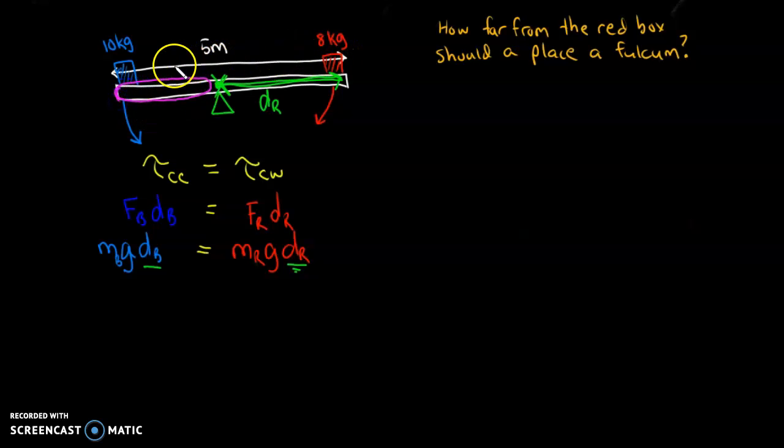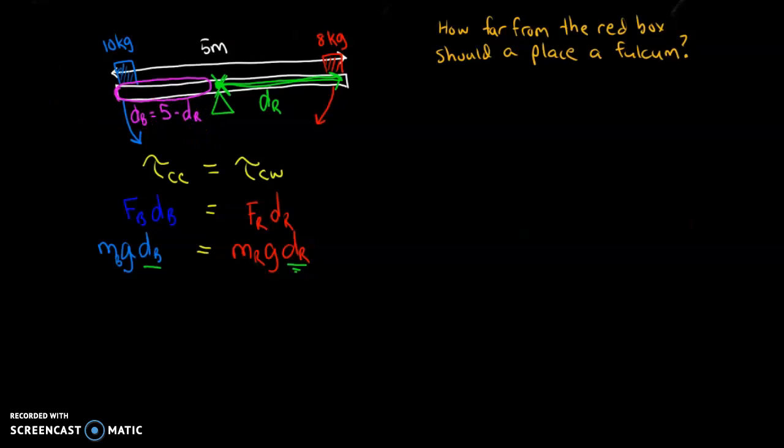Well, if my whole board is 5 meters, and the red box is going to be some distance dr, then dB is going to equal 5 meters minus the distance the red box takes up. So using that, I now have just one variable.